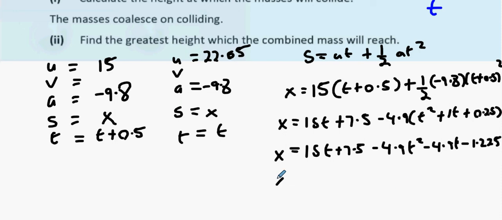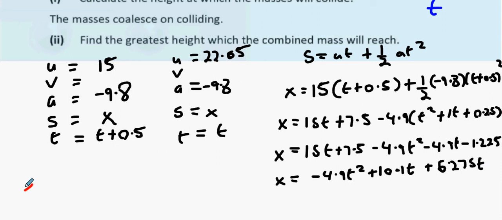The x value therefore is equal to minus 4.9 t squared plus 10.1 t, and then 7.5 take away 1.225, 6.275.